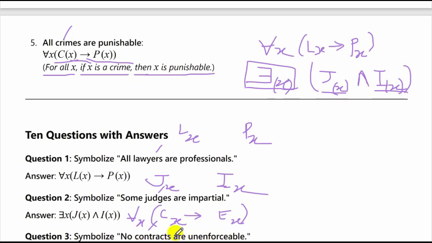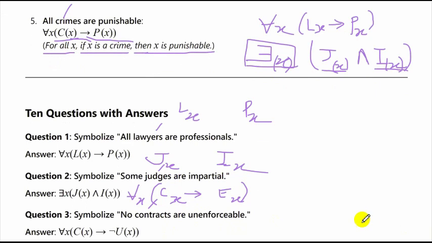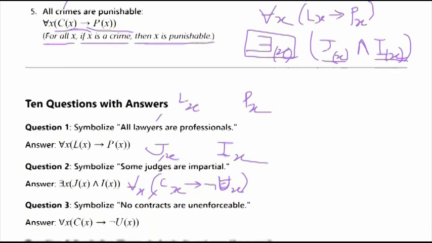That is, all contracts are enforceable. Now since this is unenforceable, we have used unenforceable and negated. Alright, let's move forward.